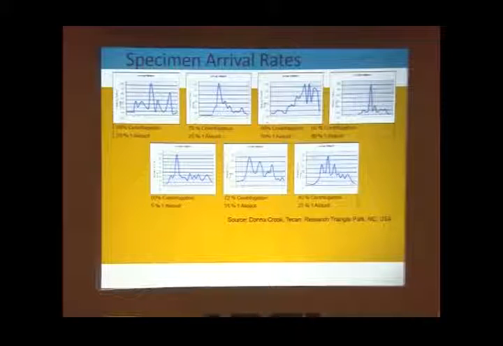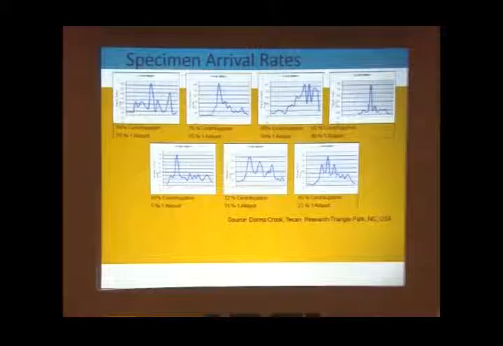Here 60% of the samples require centrifugation, 30% of the samples require one aliquot, 70% and 20 and so on. And you can see here the peak, that is the maximum number of samples arrived at this time, whereas in another lab the samples arrived at this time, and so on.